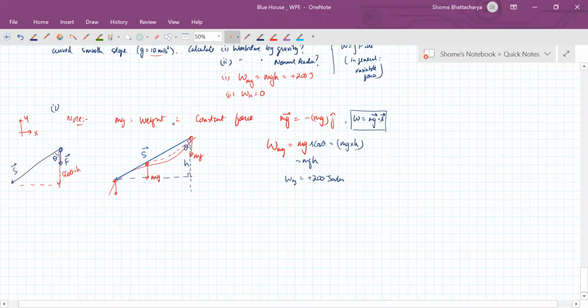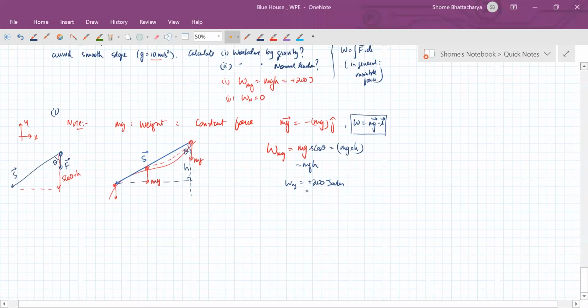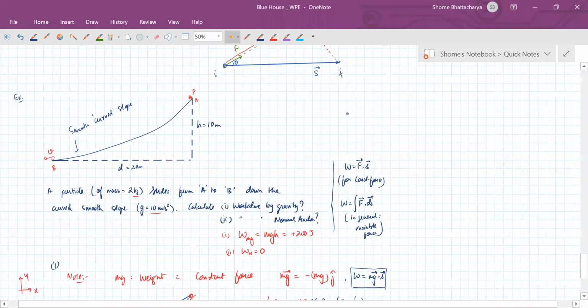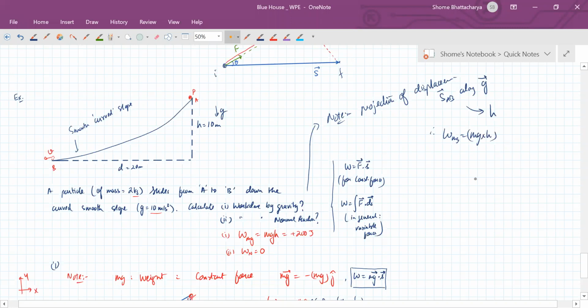So what is the projection of the displacement from A to B along gravity? That is h, because gravity is acting vertically downwards. Therefore work done by gravity will be mg multiplied by that projection.